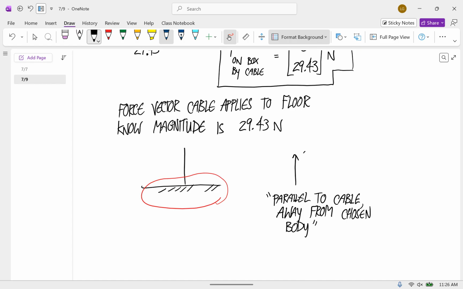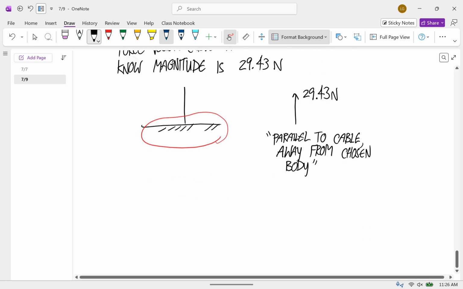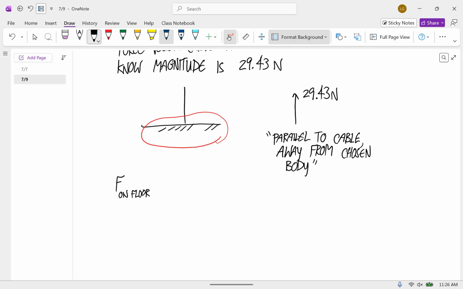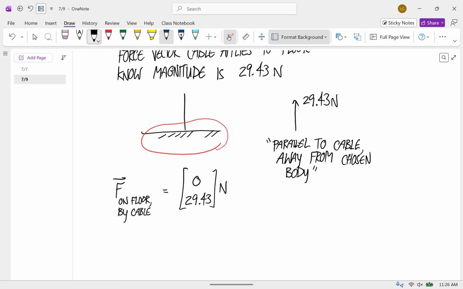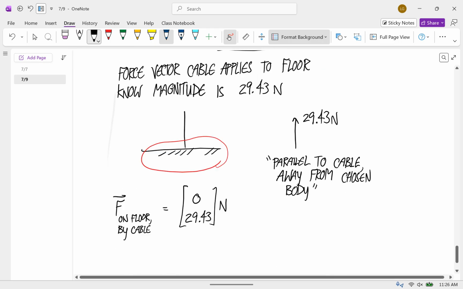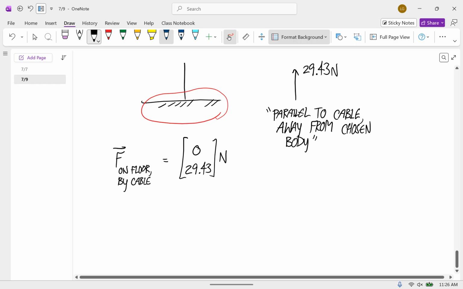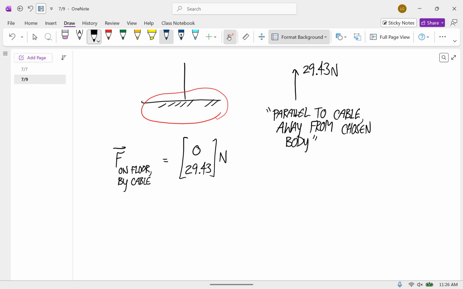And so it's like this with a magnitude of 29.43. And so the force on the floor by the cable is equal to 0, positive 29.43. Well, the same as it was for the mass. Any questions about that one?